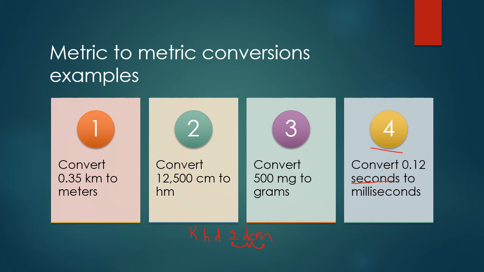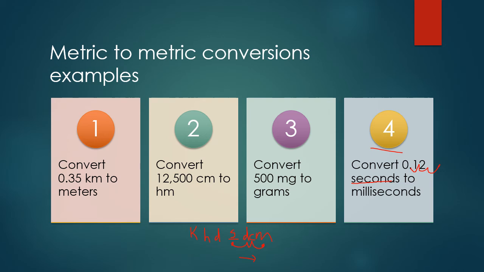So now I know how many times I need to move the decimal. I'm moving it 3 times. Okay, well, what direction am I moving it? The same direction I just moved it to get to milli, to the right. So I'm going to come up here to this 0.12 seconds. I'm going to start at my decimal, and I'm going to move it 3 times to the right. 1, 2, 3.